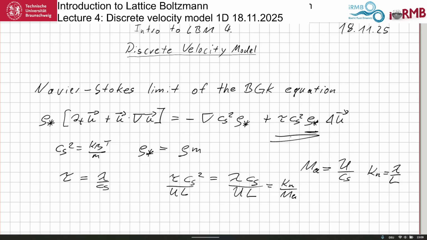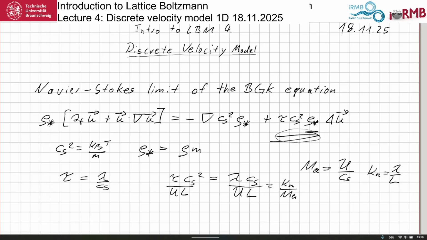And where all the dimensions remain is in this part here, where we get something that looks like the Knudsen number divided by the Mach number.